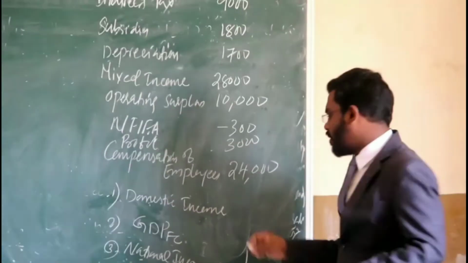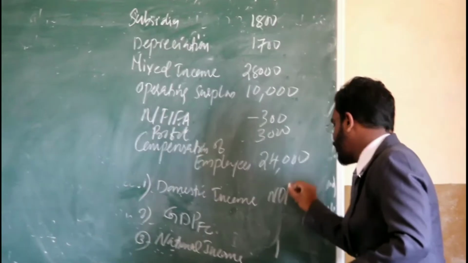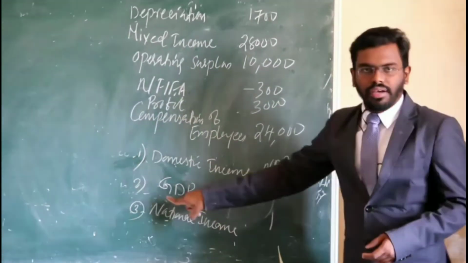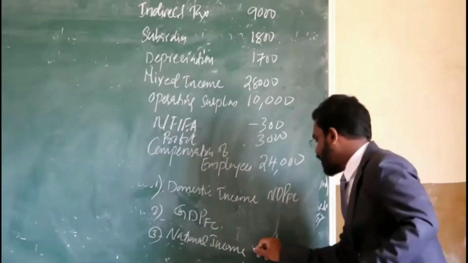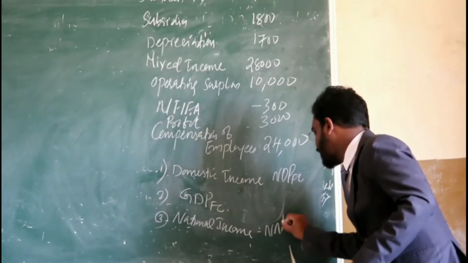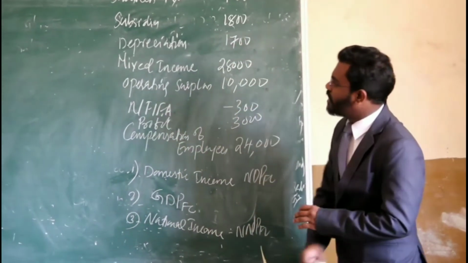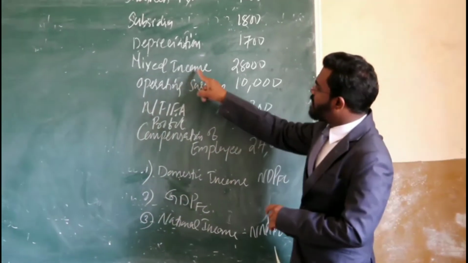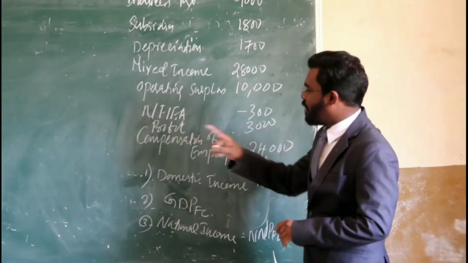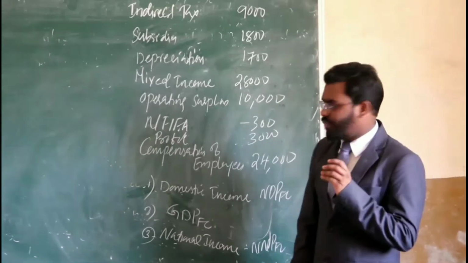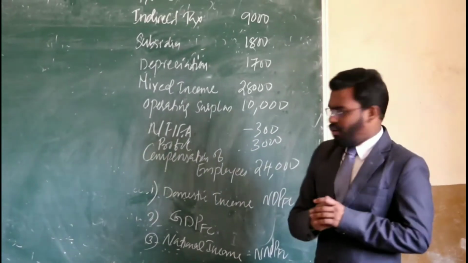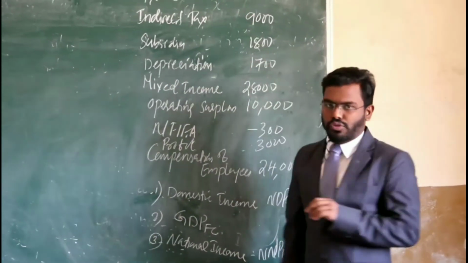What is domestic income? That is NDPFC. Firstly we need to calculate that, then GDPFC and national income. National income means NNPFC. Just observe the question. Mixed income is given, operating surplus is given, compensation of employees is also given. Along with that we have profit and rent also.